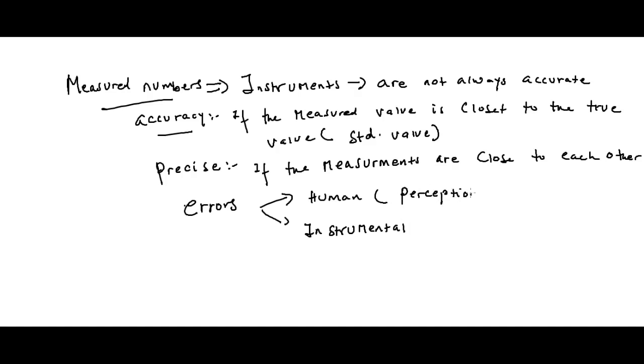Instrumental errors come as mistakes from the instruments, maybe the instrument is not calibrated, the scale is not calibrated very well, or it might be old, so there is a calibration error. Instruments can be old. So we will take these things into consideration: the human error and the instrumental error.